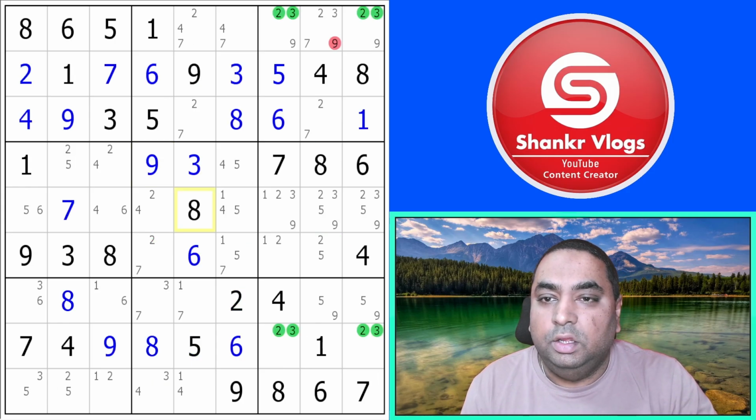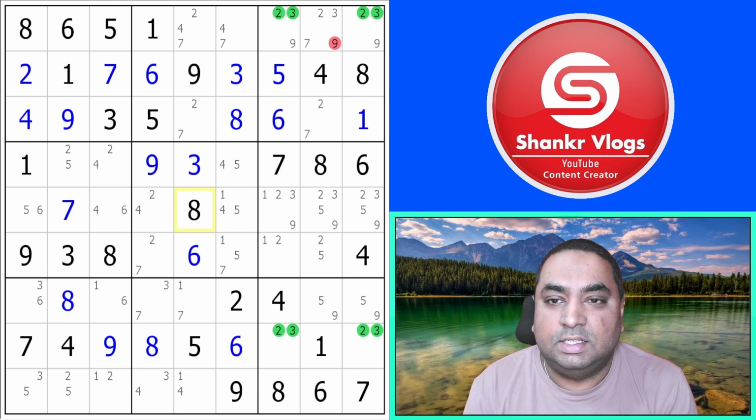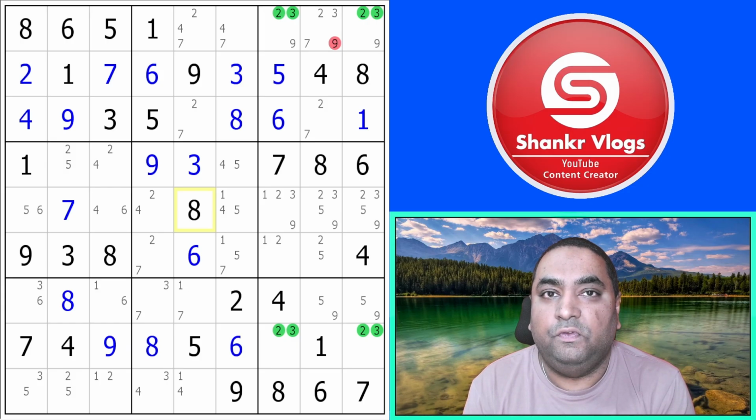Here, unique rectangle type 2 is two non-diagonal cells opposite to each other. One set of non-diagonal cells should contain your UR candidates, and the other set of non-diagonal cells should contain one additional candidate.